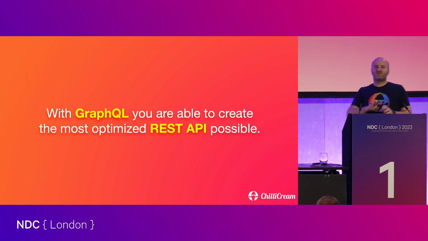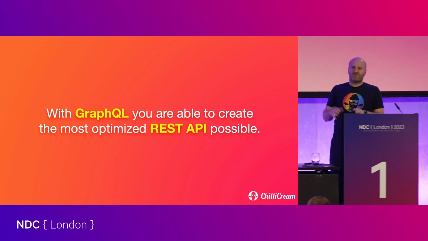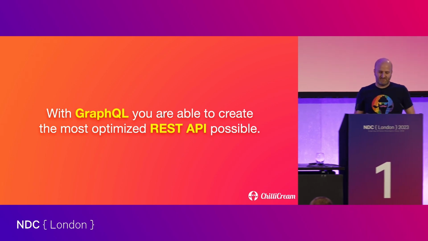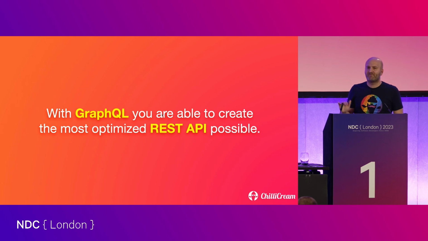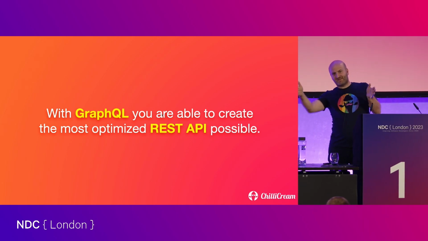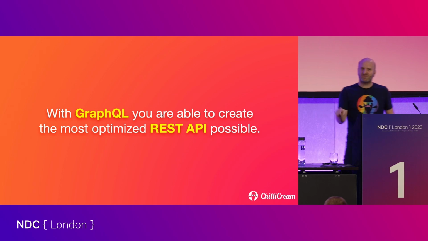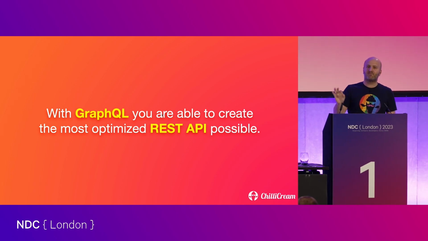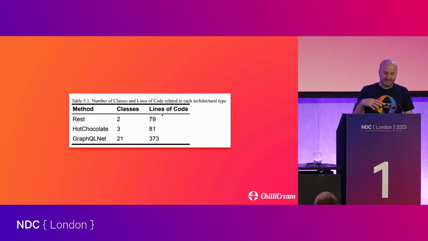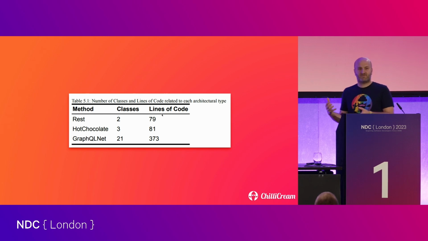And at the end, when you deploy your GraphQL server, you have the most optimized REST communication, because it's just everything HTTP post, even the streaming data. It's just a simple HTTP post request that works over HTTP 1.1. So you get the most optimized API ever. That's why we can compete with all the other platforms.